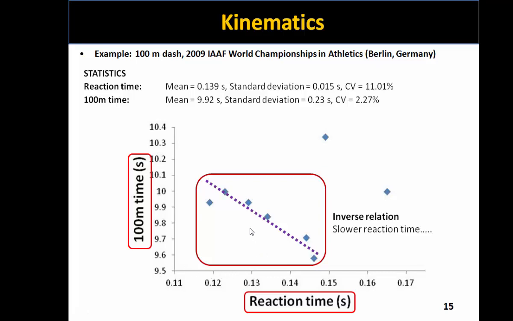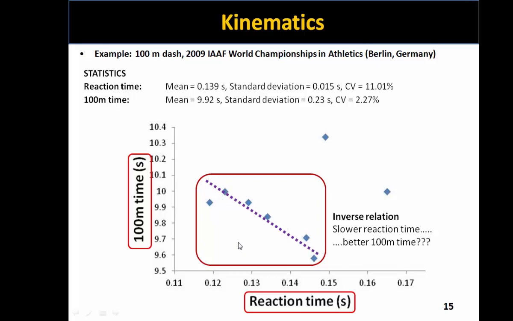And so in this particular relation, a slower reaction time, so as you move from the left to the right, the larger numbers indicates a greater delay from the auditory signal to movement. That means the athlete is reacting slower, and that is actually related to a better 100-meter time.